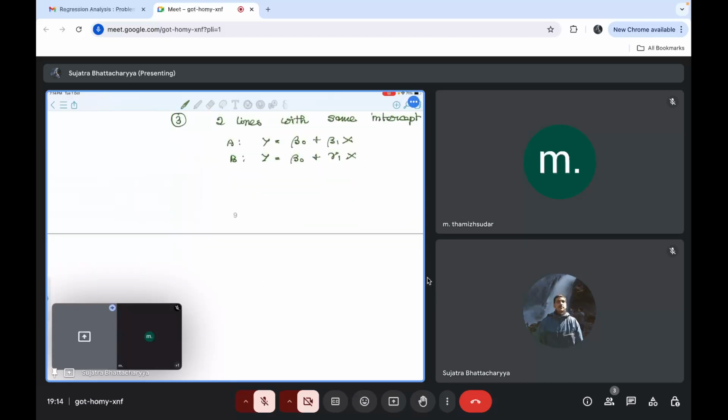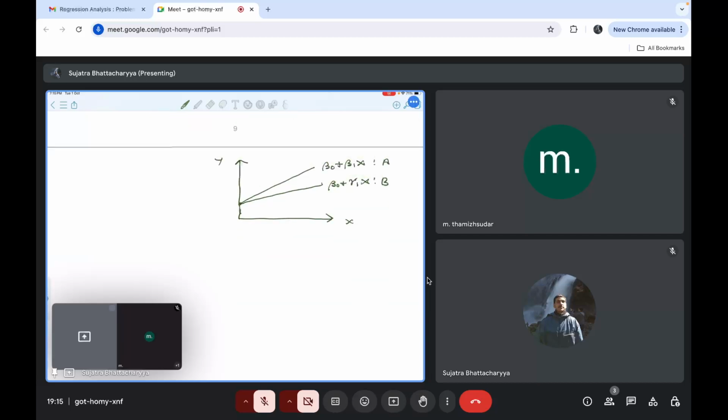So for that, you have a graph looking like this. Okay, so this is one, and another is the same intercept but with different slope. So this is beta naught plus gamma 1x. This is beta naught plus beta 1x. This is corresponding to A. This is corresponding to B. X, Y. Right? This is one of the possibilities.